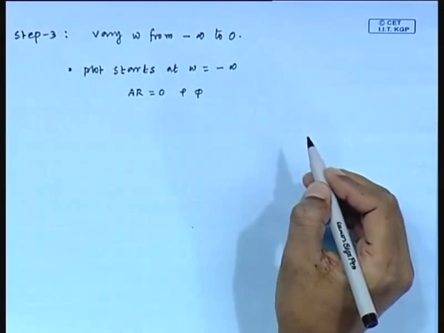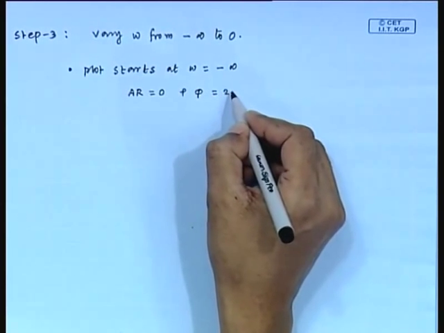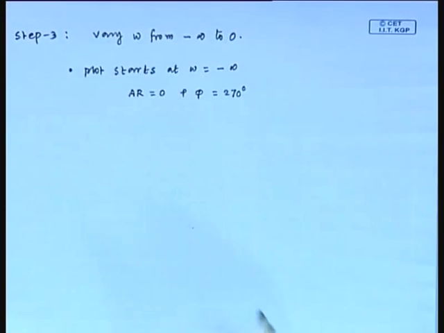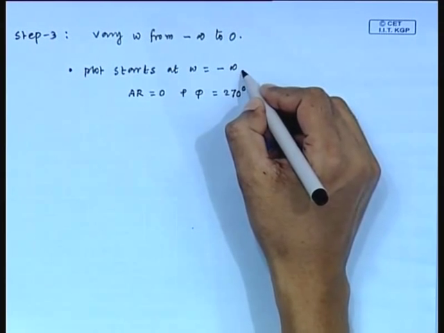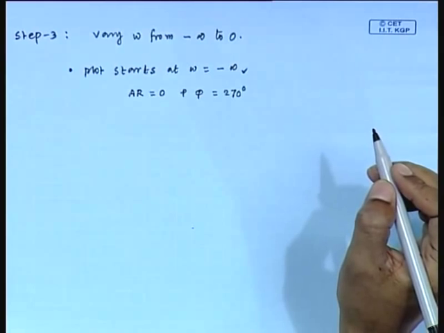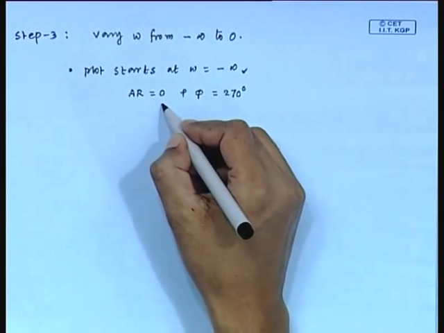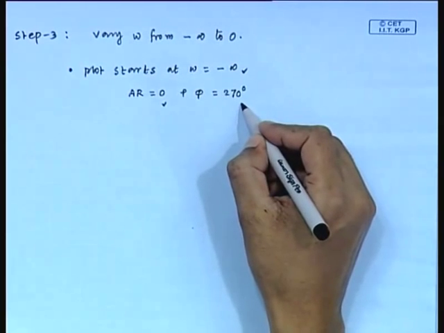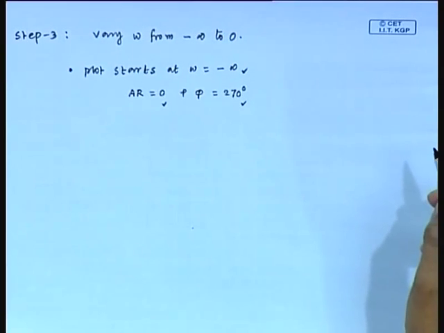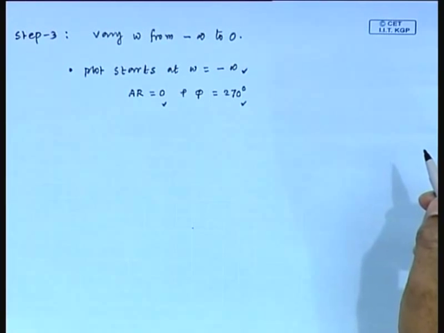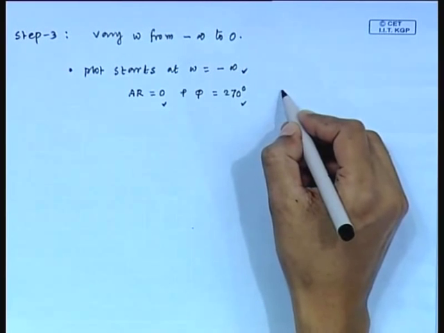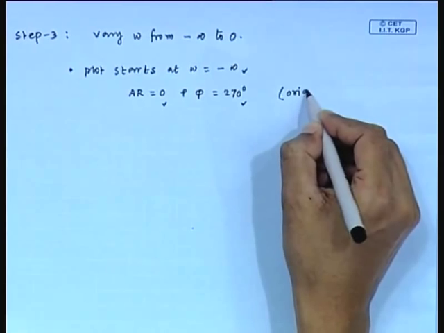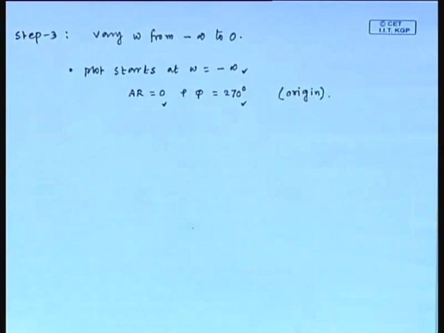What about phi? Phi is 270 degree. So, at omega equal to minus infinity, we obtain amplitude ratio as 0 and phase angle phi as plus 270 degree. What about the location of the starting point? Origin. So, the location of the starting point is the origin.